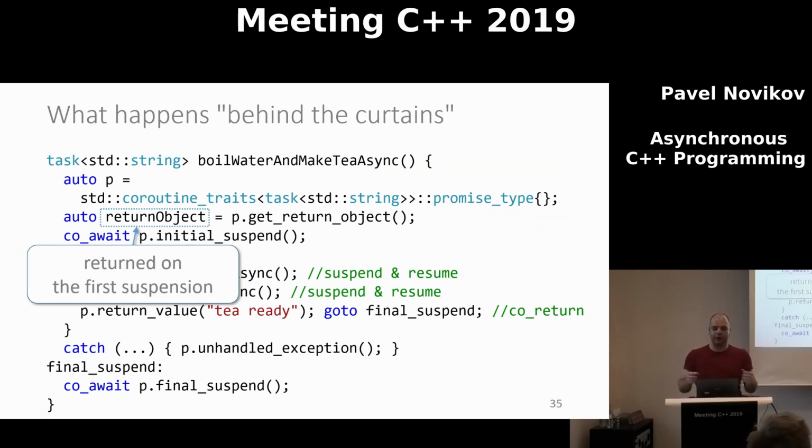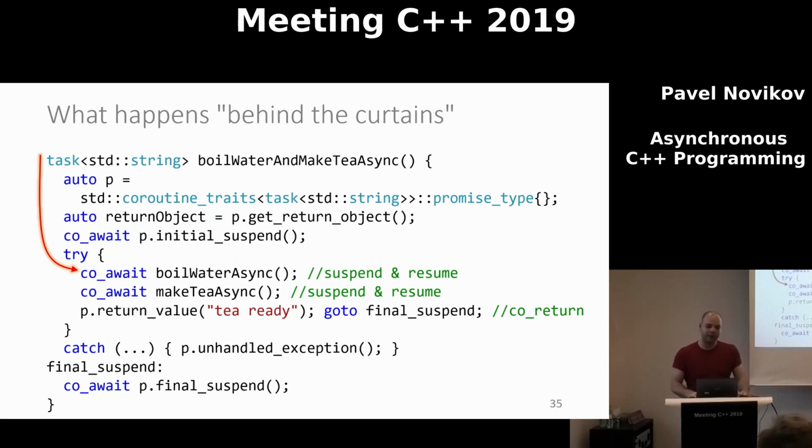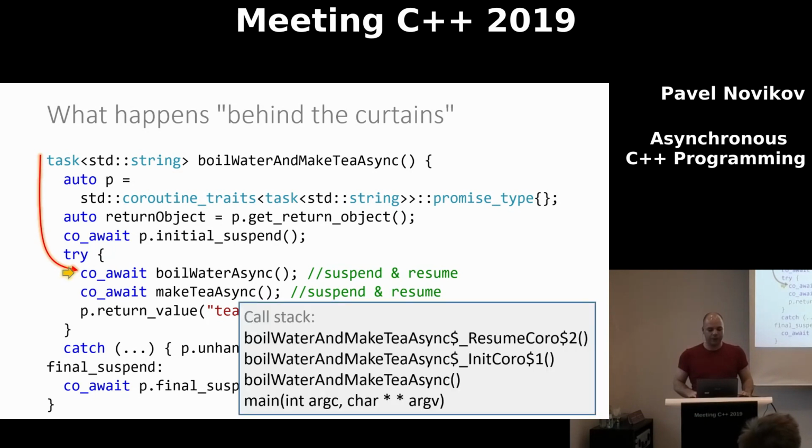The compiler generates code to have a return object that we return on the first suspension, and it is obtained by a call to get_return_object from a promise object. So we go inside this body. If you set a breakpoint, you can see that we're still in the main thread. We have this stack. You can see some compiler generated stuff that is called.